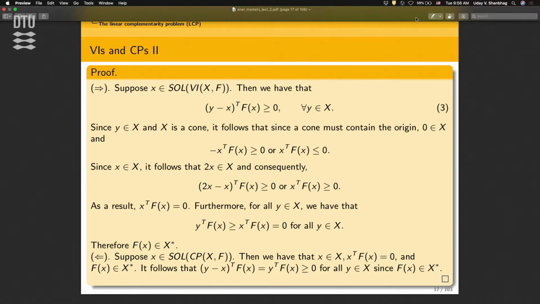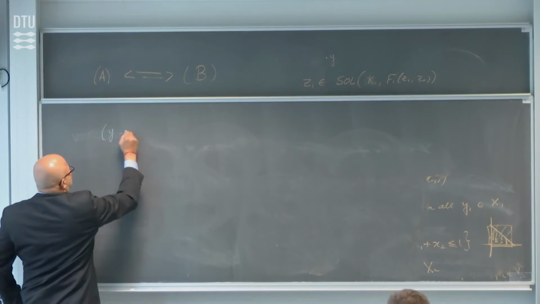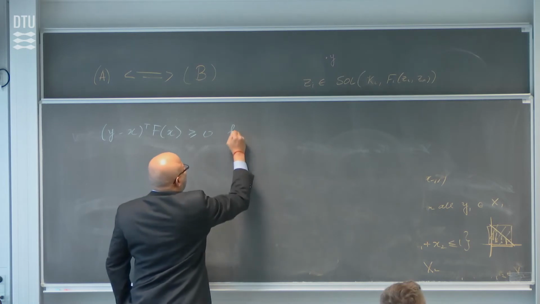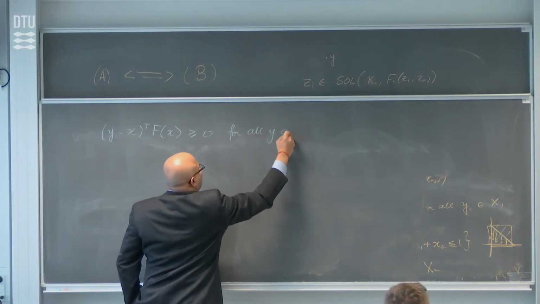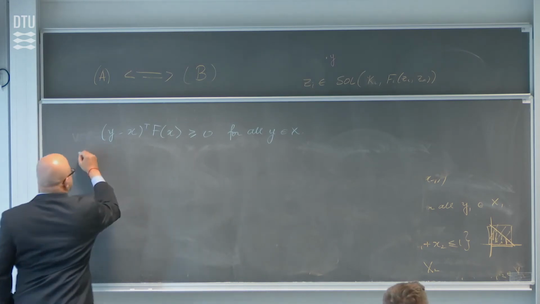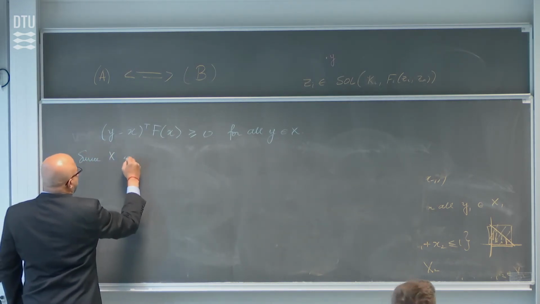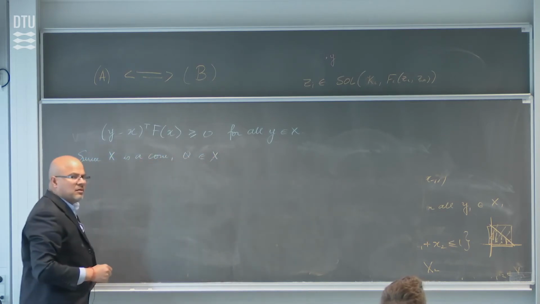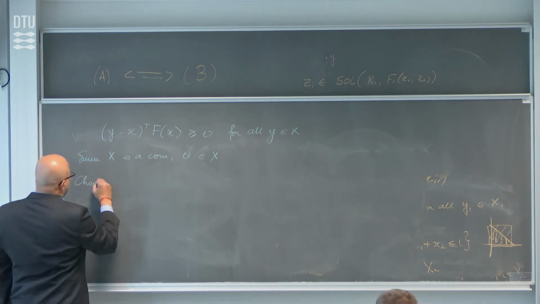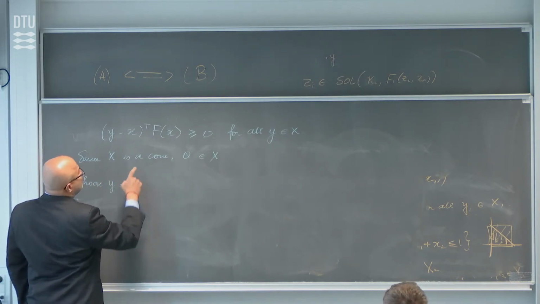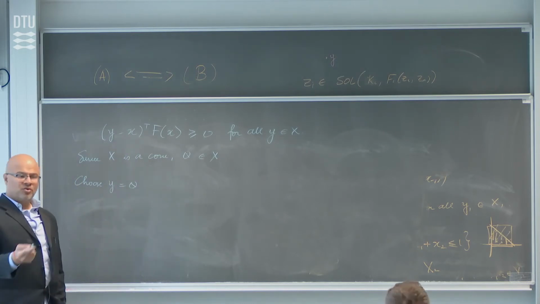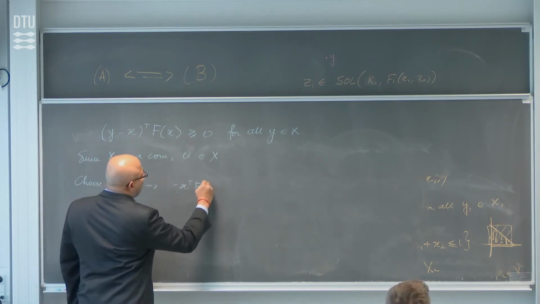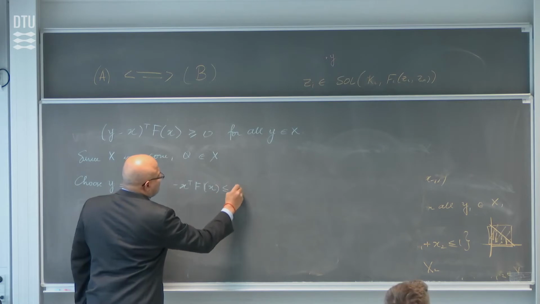So we have (y minus x) transpose F(x) is non-negative for all y in X. Now since X is a cone, 0 lies in X. So choose y equals 0, because it has to hold for all y, which implies negative x transpose F(x) is less than or equal to 0.